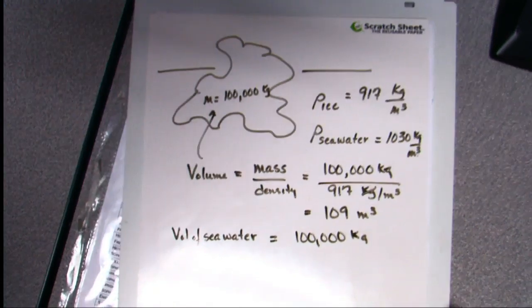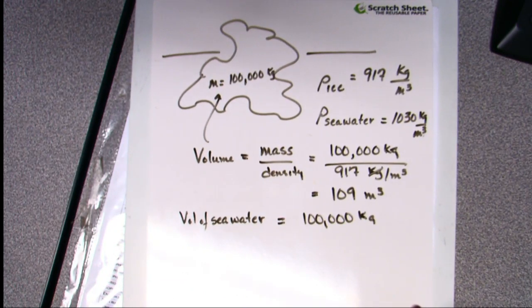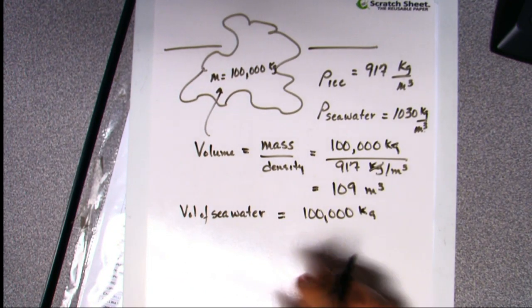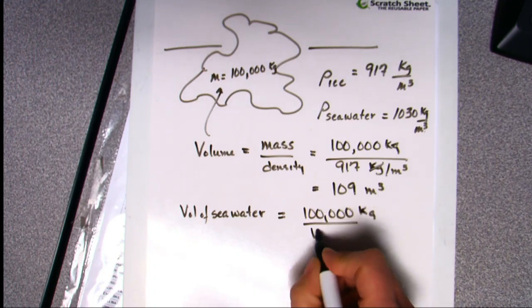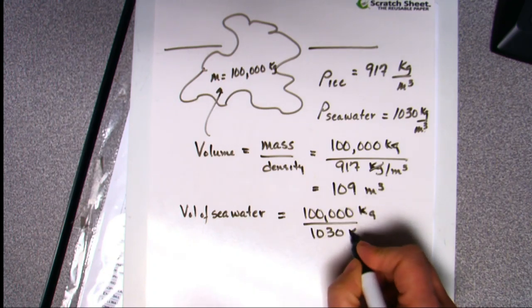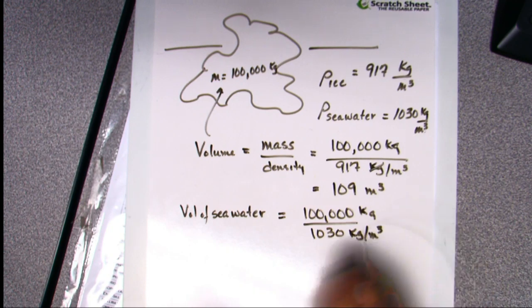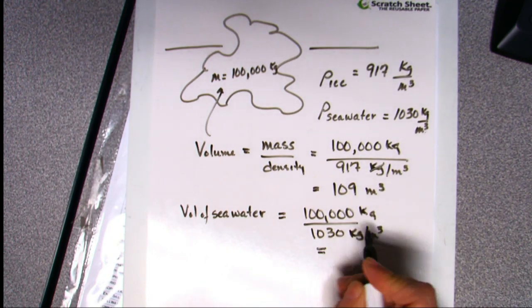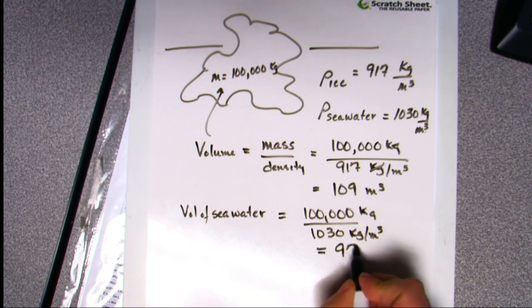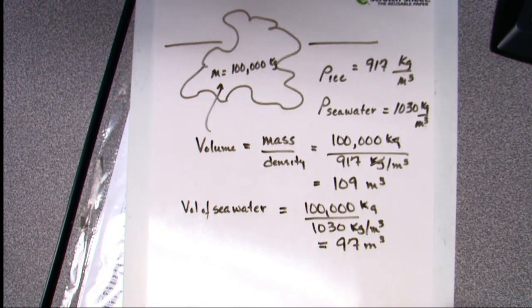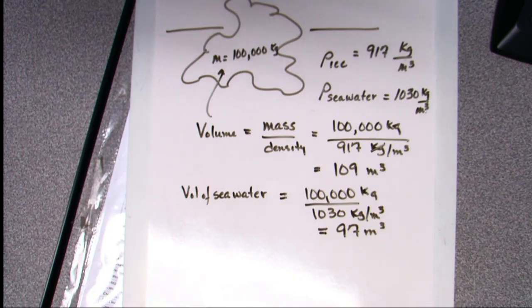It's going to be the same mass, but this time I'm going to use the density of seawater. And that's going to give me 97 meters cubed. So in the case of my iceberg, I'm going to be displacing 97 cubic meters of seawater, but the volume of the iceberg is 109 cubic meters.